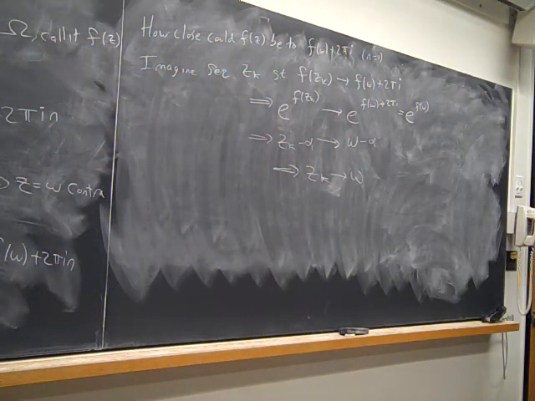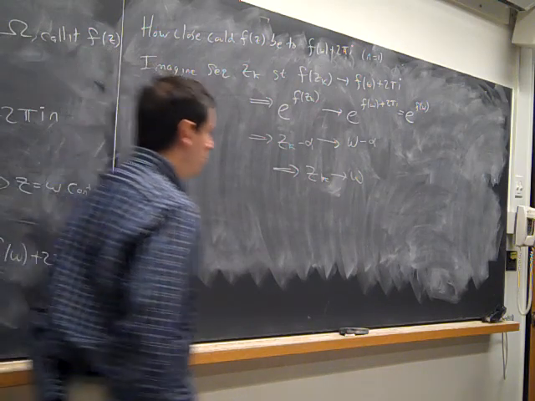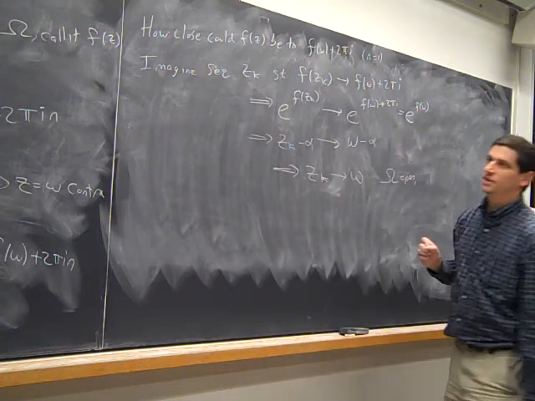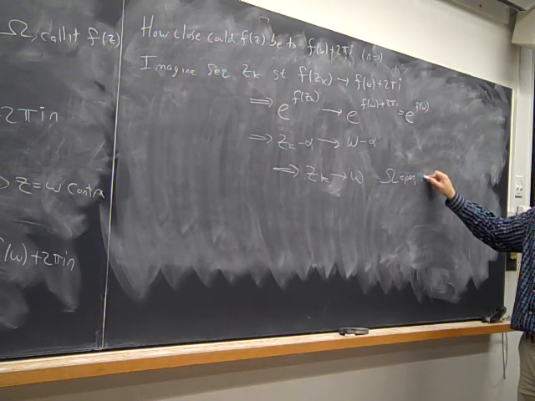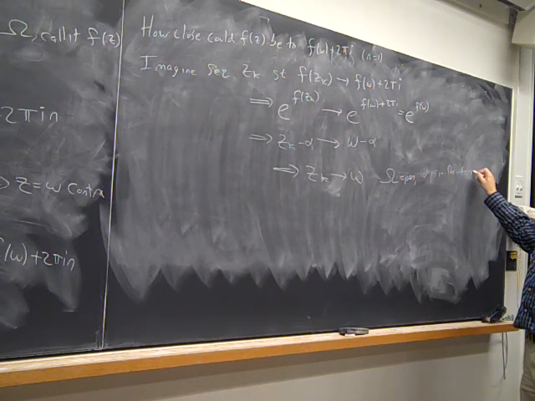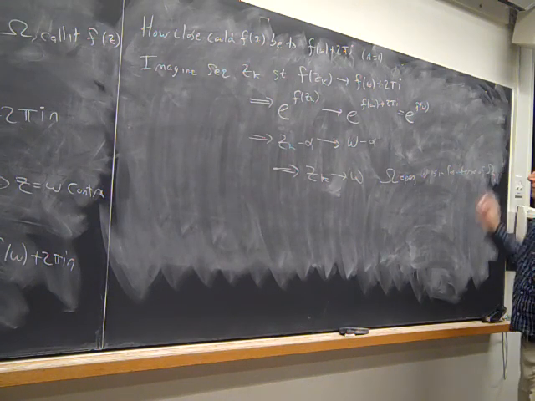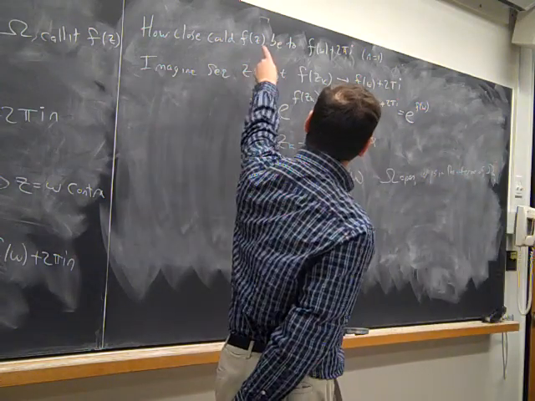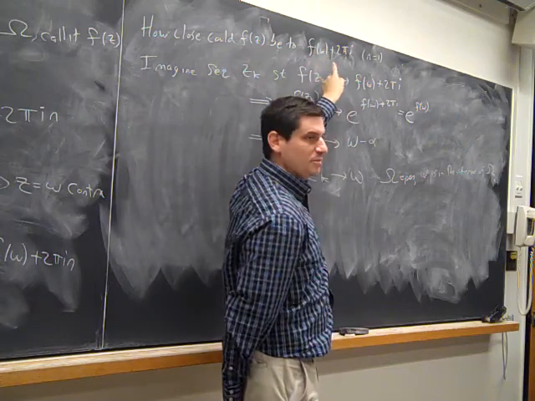And remember, zk and w are all interior points. This is very important. Omega is open. We might not have put that in our conditions. Omega is open, so w is in the interior, which is in fact all of omega. I've got zk approaches w, and f of zk is going to f of w plus 2 pi i.